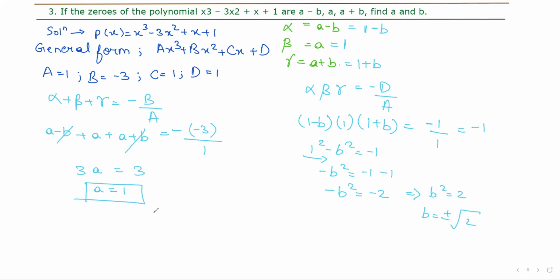So you got two values of b, plus root 2 and minus root 2. So you have to find the values of a and b. Those are the values of a and b. Your a is equal to 1 and your b is equal to plus minus root 2. So that's your answer.